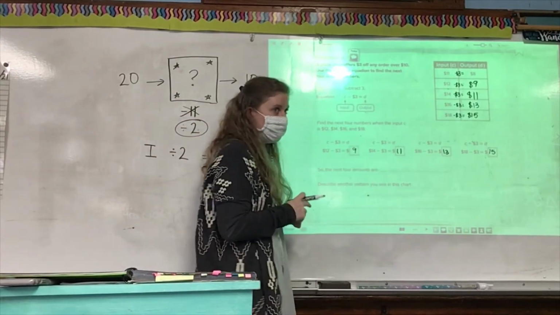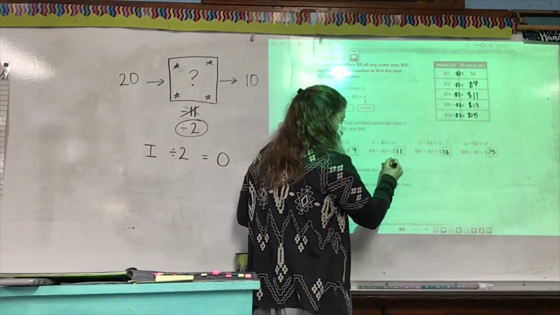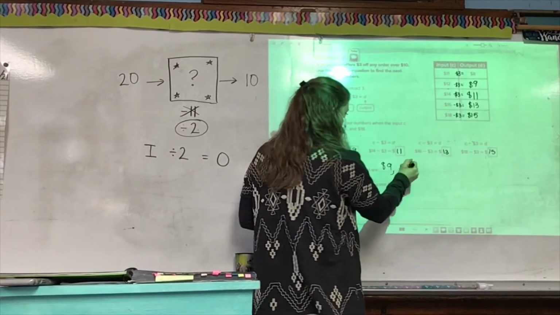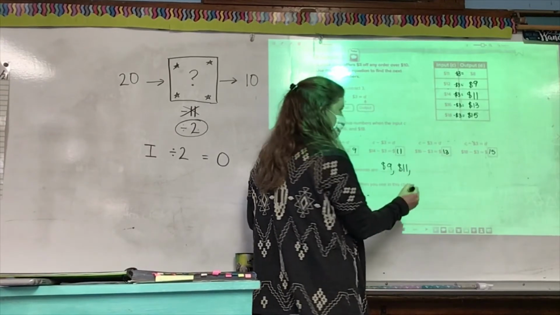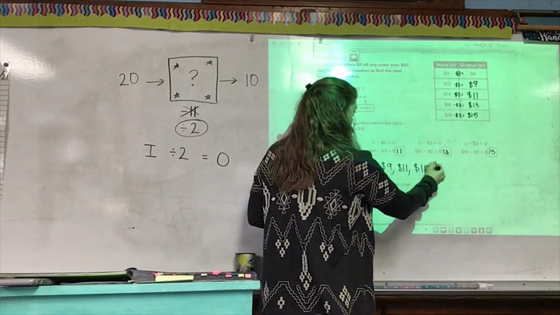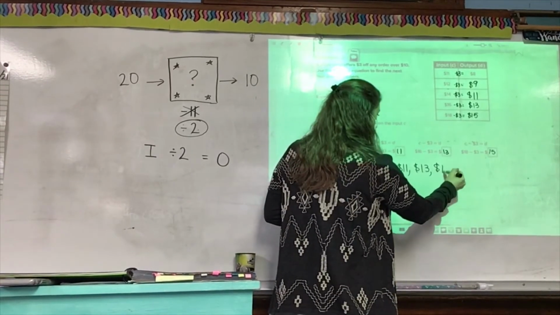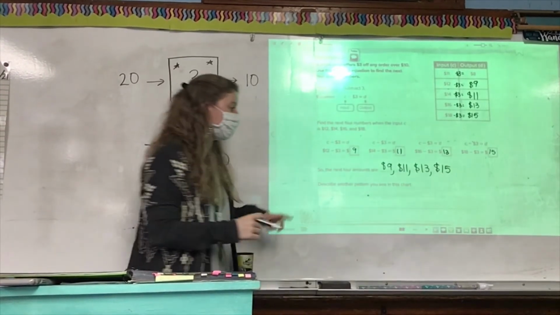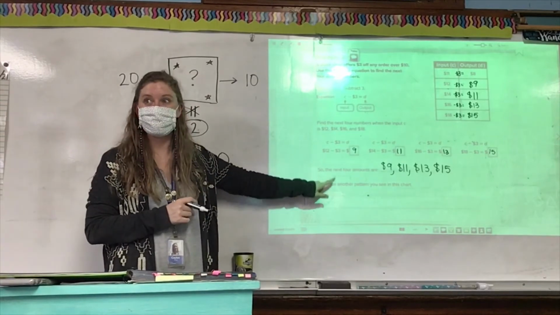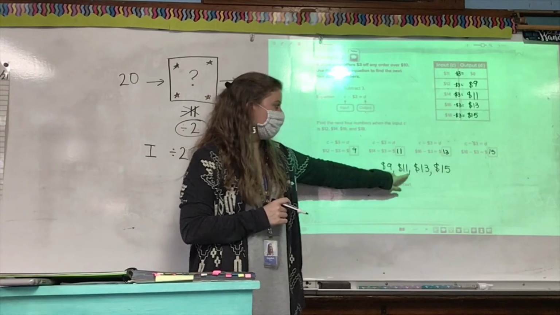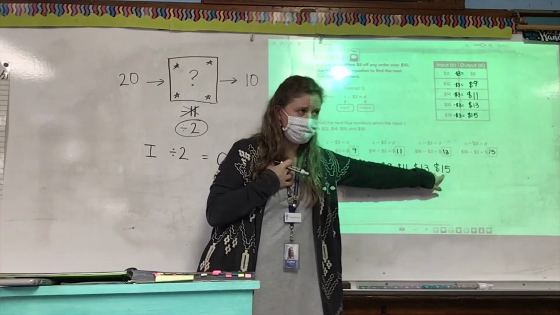Slowly. $9. $11. $13. And $15. So the next 4 amounts, that does not include the original, that's why it says the next 4, are $9, $11, $13, and $15.